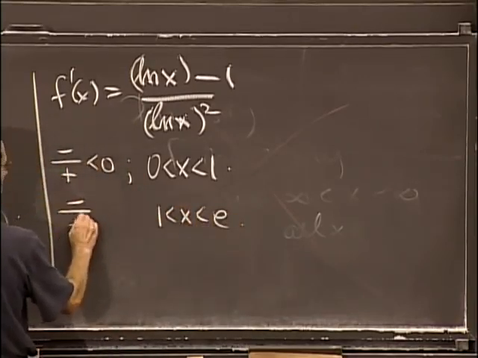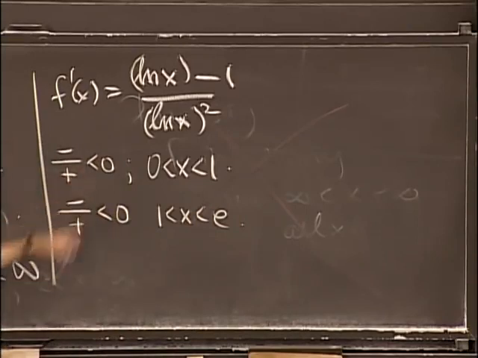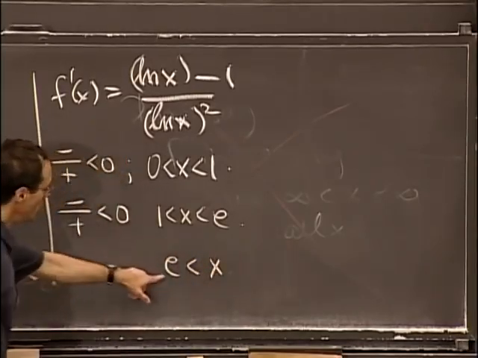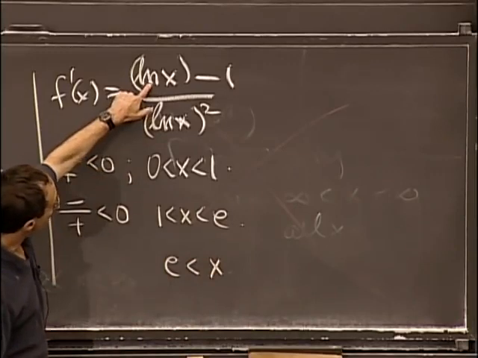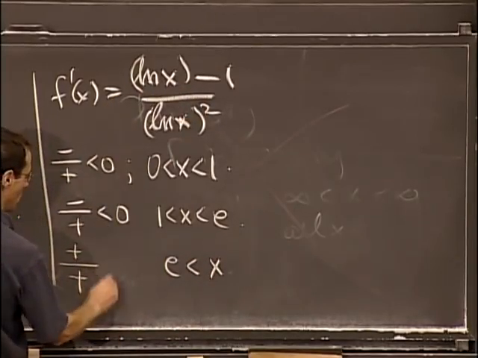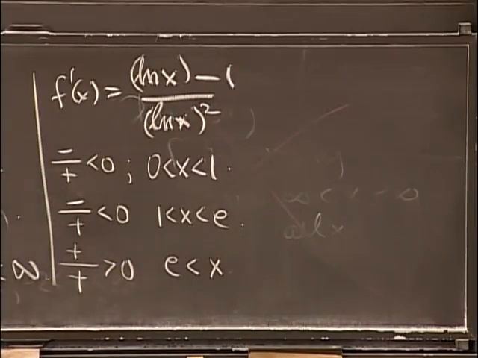It's negative divided by positive. And the only reason why we skipped 1, again, is that it's undefined there. There's something dramatic happening there. And then at the last range, when x is bigger than e, that means the logarithm is already bigger than 1, so the numerator is now positive, and the denominator is still positive, so it's increasing. So we've just double-checked something that we already knew.